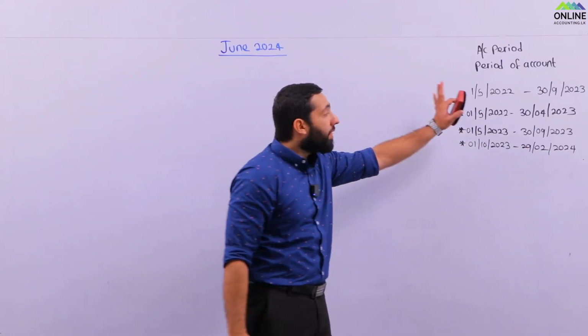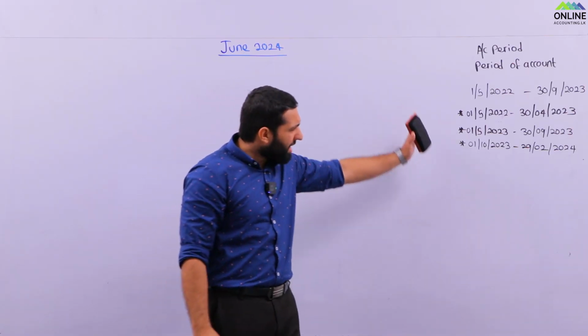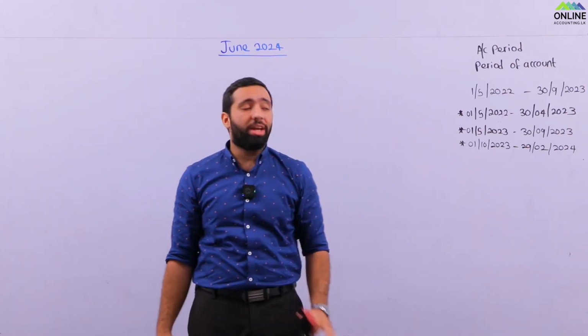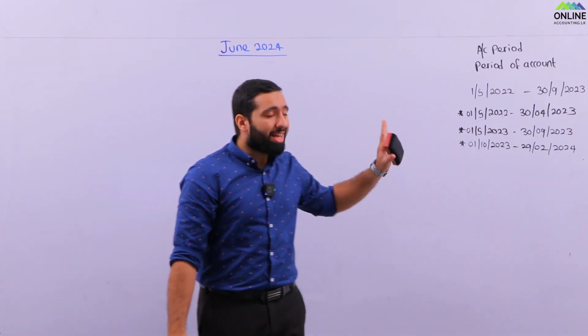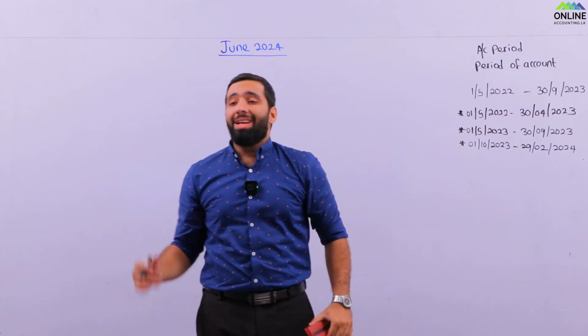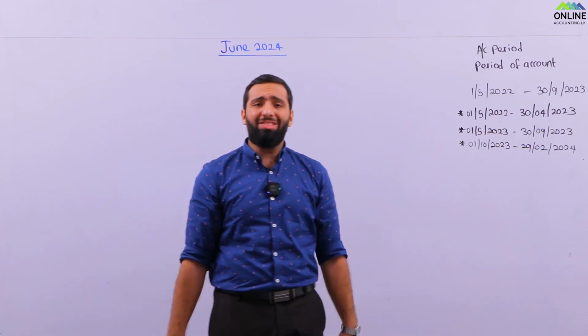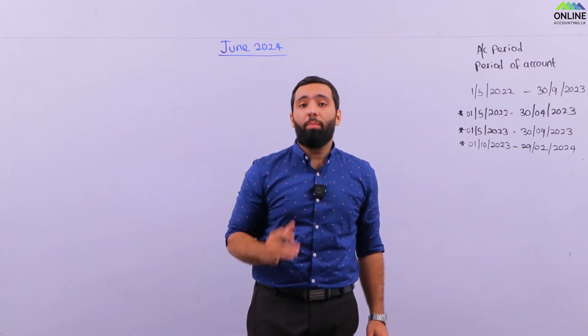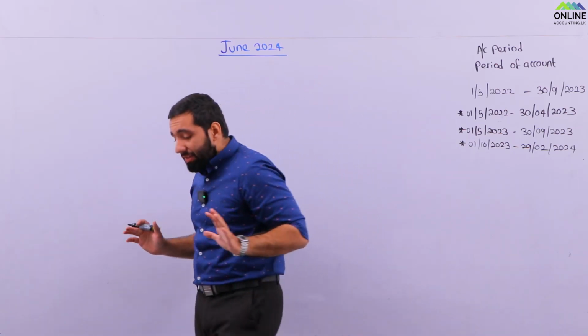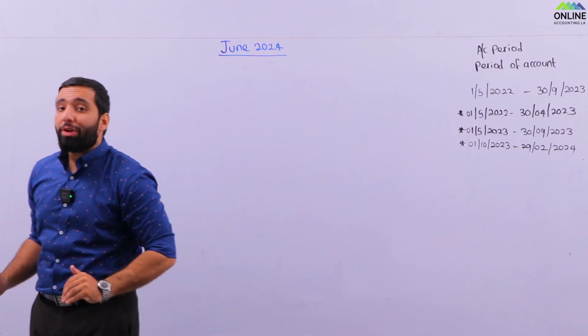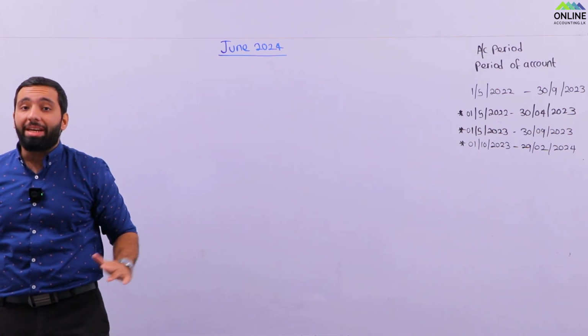So this is another accounting period. These 3 accounting periods are what the examiner wants from you. This is the first requirement, and then the next requirement is the taxable profit. The examiner is asking for taxable profit and not the income tax liability. Why?